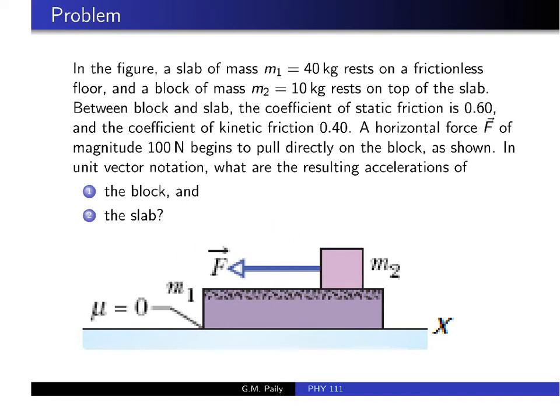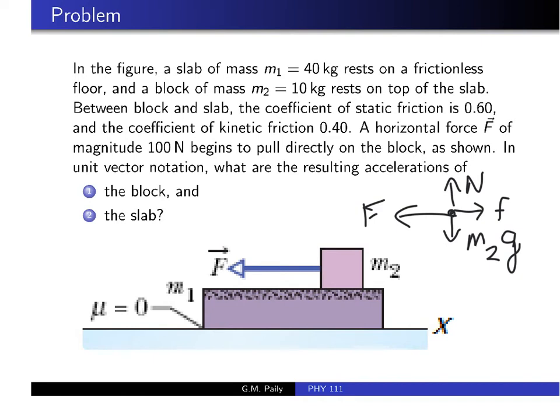We know that the maximum force of static friction will be the coefficient, 0.6, times the normal force. And in this case, the normal force is simply balancing the weight of M2. Here is the free body diagram for the upper block M2.